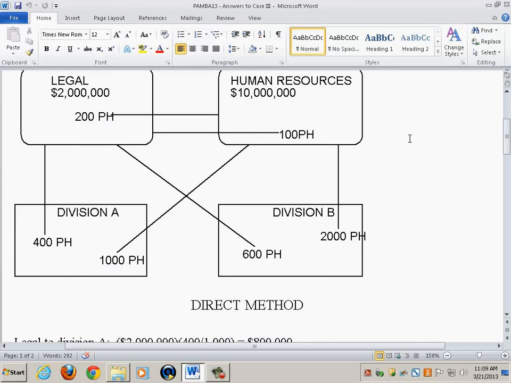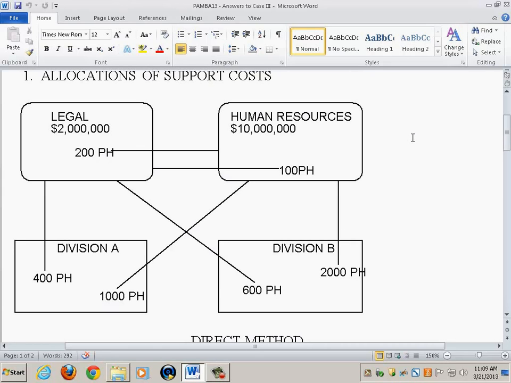So here's the chart. Remember, in the example, we had 2 support units, legal and human resources, and 2 operating divisions, Division A and Division B. The cost allocation basis, or the cost driver, is person hours devoted to each unit.